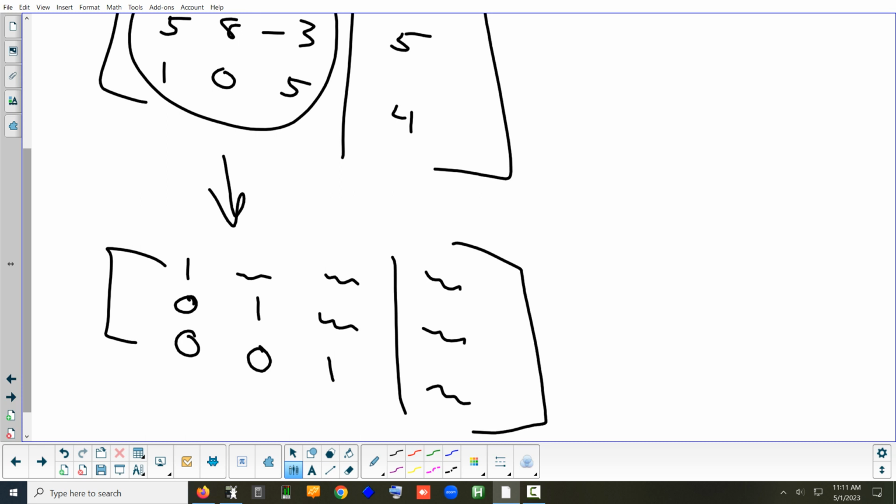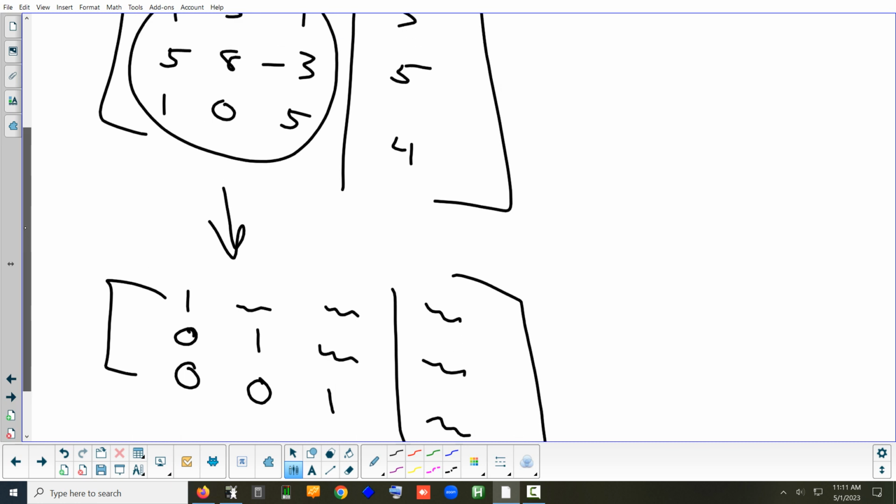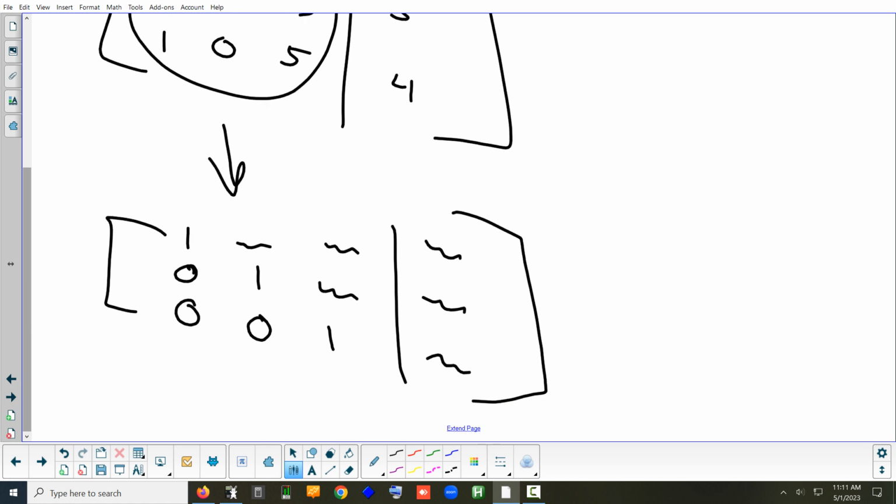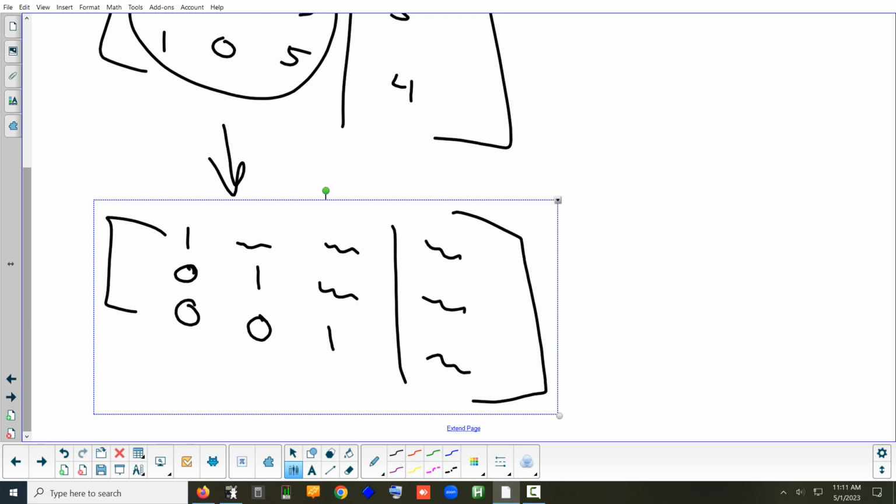But where I put numbers that are zeros and ones, I definitely want that to happen. So my goal is to somehow turn all of these numbers into something that looks like this. Ones on the main diagonal and zeros below. What happens in these other spots? Don't really care.